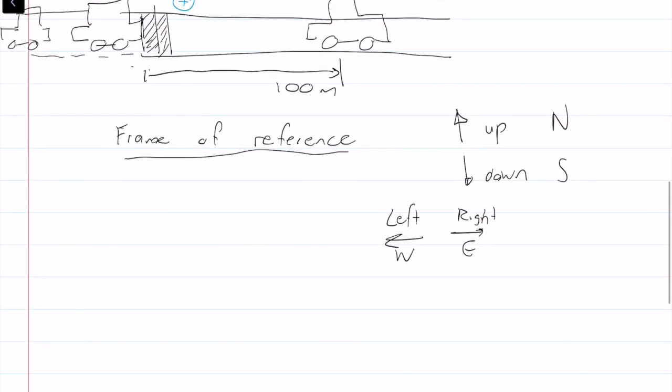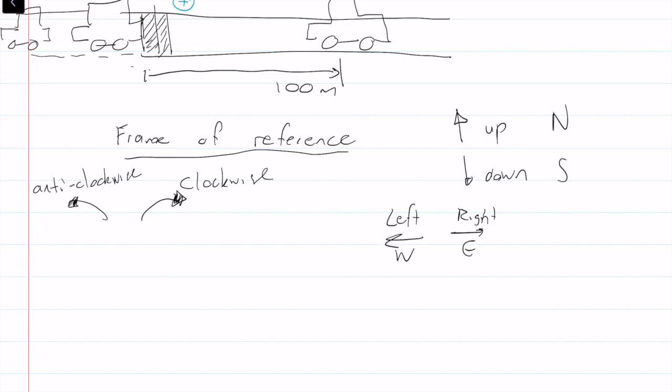If something is rotating, we can say that it is going clockwise, or it can be going in the opposite direction, which would be anti-clockwise. So we can have different frames of reference, but those are the ones that you'll most probably come across. North, south, east, west, up, down, left, right.